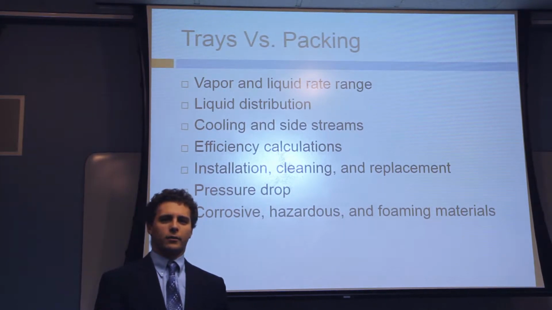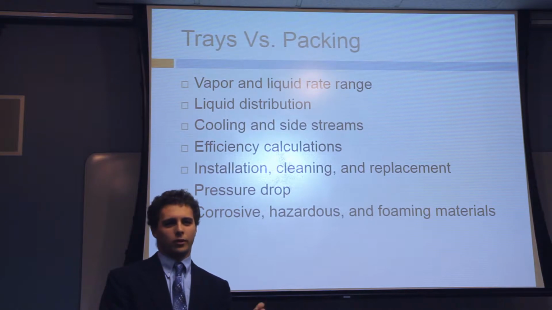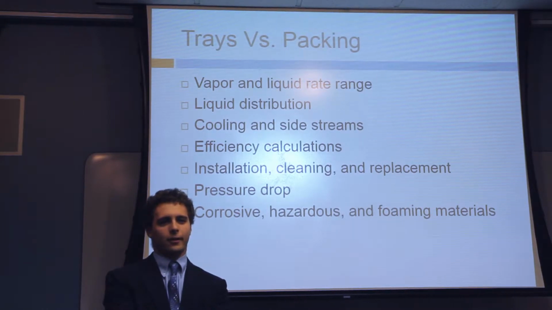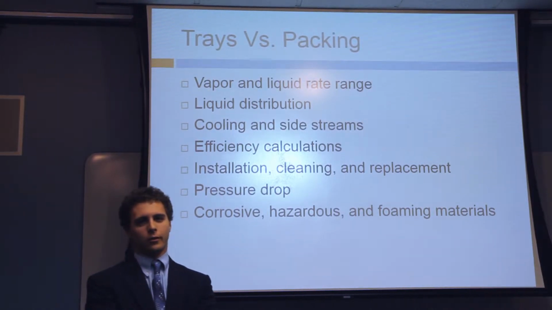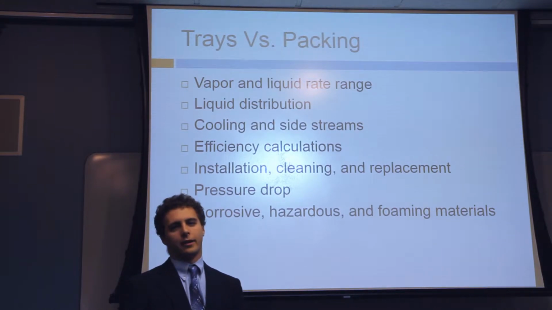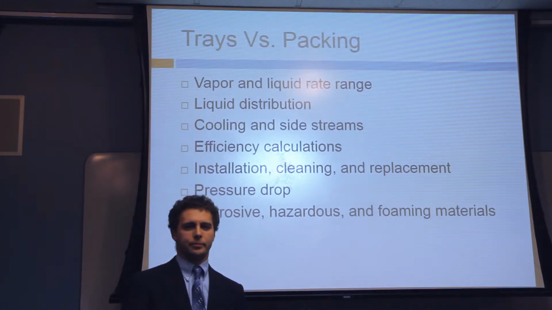It's also important to consider installation, cleaning, and replacement costs and difficulty. With larger columns, more than, say, 2 feet in diameter, it's easy to get a maintenance worker access to the inside of the column, which makes it easier to work with a plate column because you can have a maintenance worker go in and install the plates, replace them, and clean them if they become fouled.